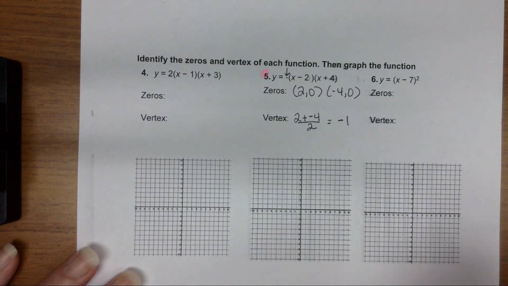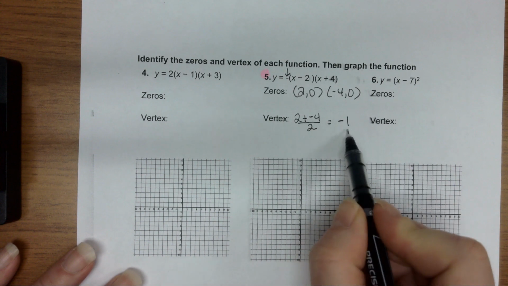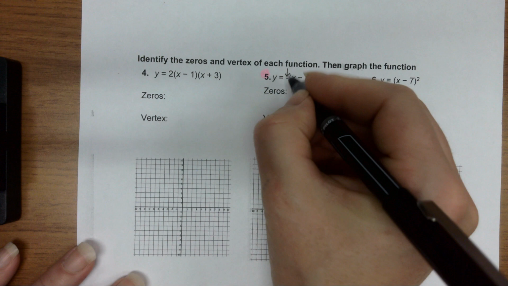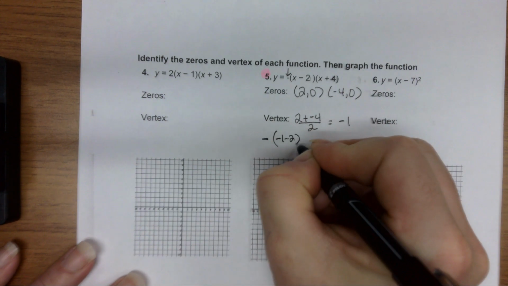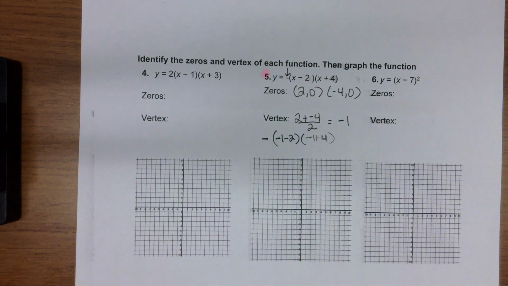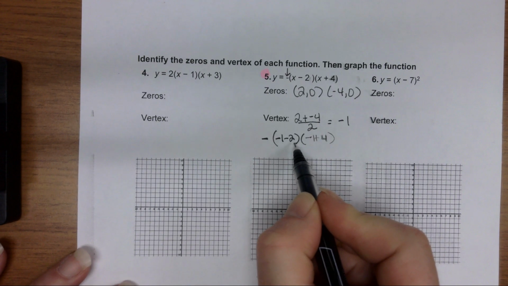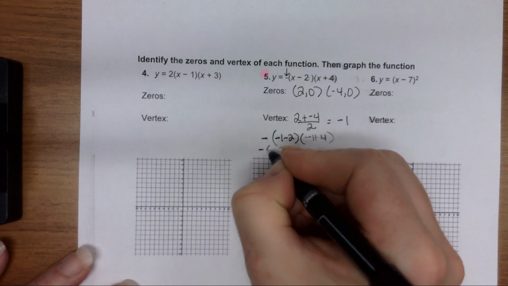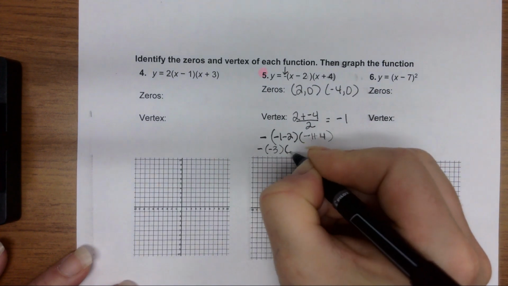To find the y-coordinate, we're going to go back to the original, and we're going to plug in this negative 1 for x. So I have the opposite and the negative out in front. I have negative 1 minus 2 and negative 1 plus 4. I know a lot of negatives here. What's negative 1 minus 2? Negative 3. So I have a negative out in front times a negative 3, and negative 1 plus 4 is positive 3.